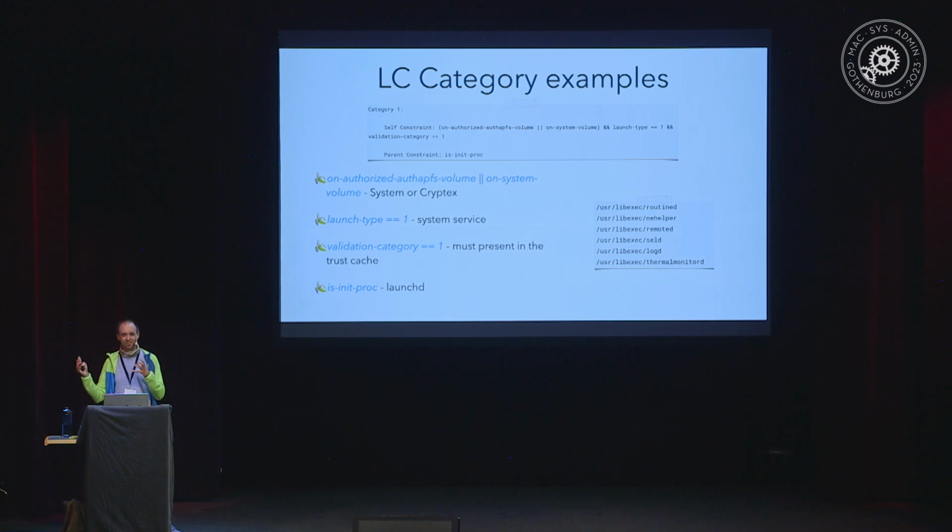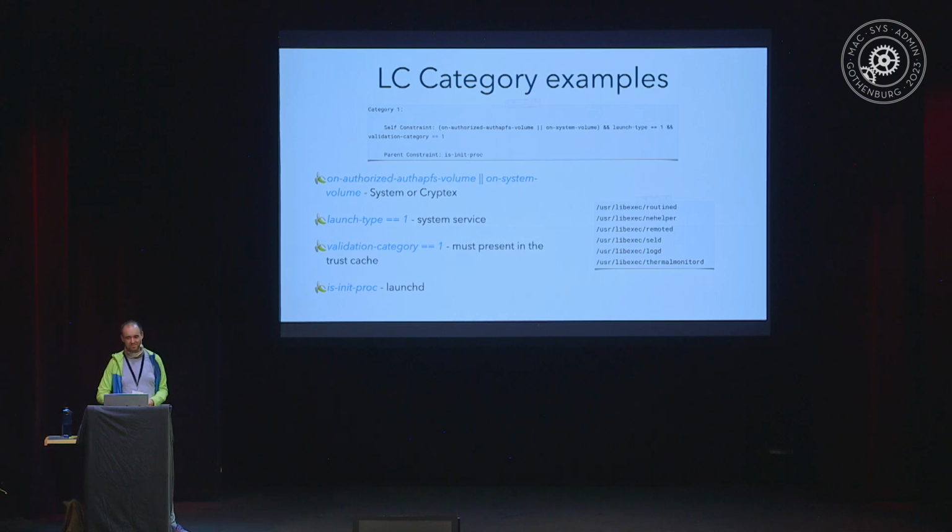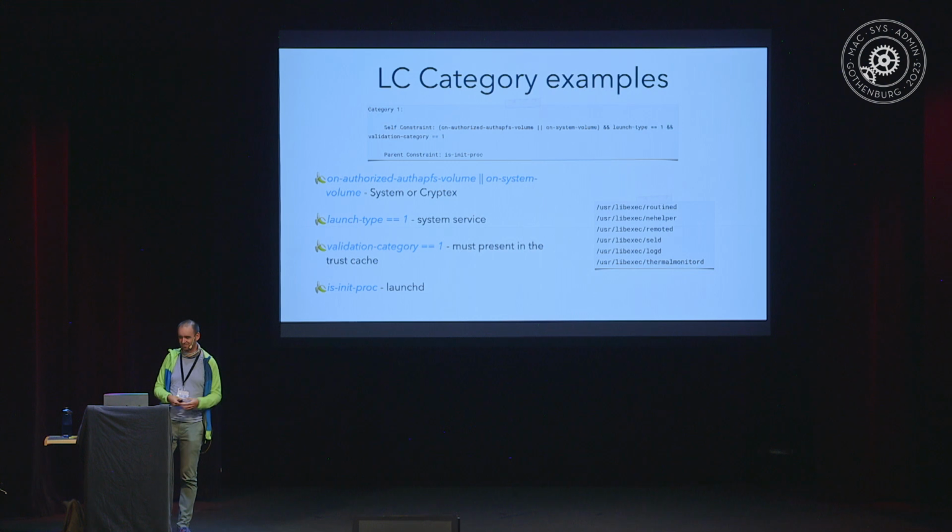Then it says launch type 1, which means that it must be a system service, so it must have an associated launch daemon or agent file under /System/Library/LaunchDaemons or LaunchAgents. And validation category 1 means that it must be present in the trust cache. Now there is also a parent constraint which says is-init-proc, which means launchd.